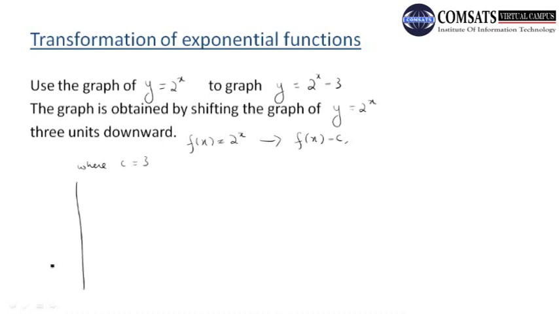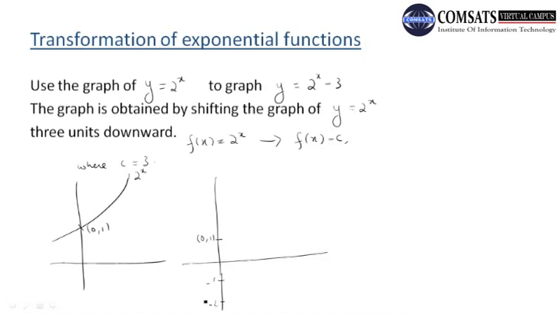So first we will draw the graph of our function y equals 2 to the power x. Since here b is equal to 2, greater than 1, the graph will be an increasing function rising from left to right, and the graph of the function 2 to the power x minus 3 will be 3 units downward. That is, this was the y-intercept (0, 1), so going down to minus 1 and going further to minus 2.